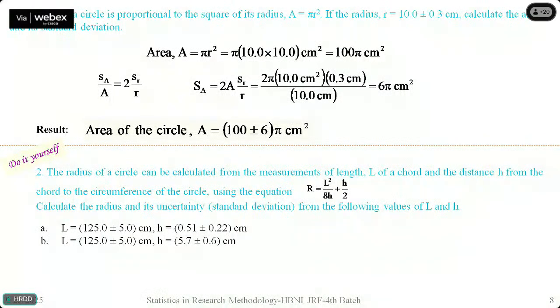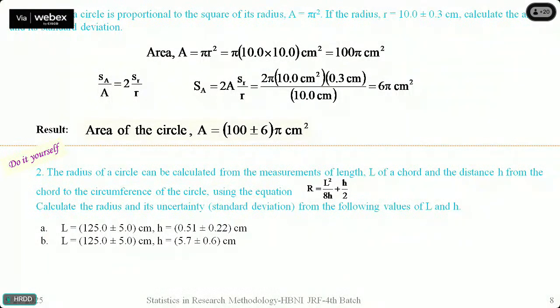Now we have calculated L square. We applied that the relative variance of L square will be the sum of the squares of the input two relative variances. We have taken the square root over here. Then we got the relative uncertainty in L square.